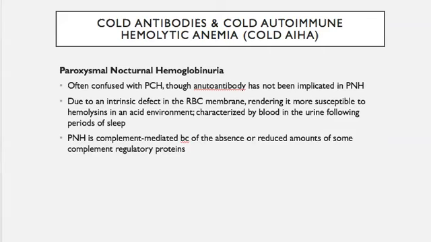So this condition is characterized by blood in the urine following periods of sleep. So if a patient has been asleep for a while, gets up to urinate, and then there's blood noticed in the urine. PNH is complement mediated because of the absence or reduced amounts of some complement regulatory proteins.